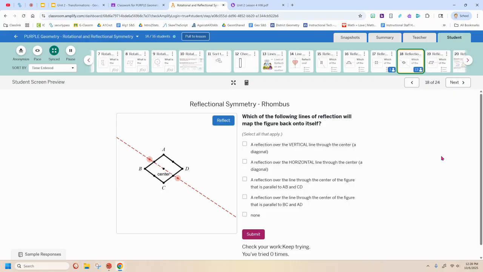Ew, rhombuses are weird. What about the rhombus? Play around. Do you like these sides? For the diagonal ones, no. But what about the ones that are diagonal? Those ones are nice. So do the diagonals work?